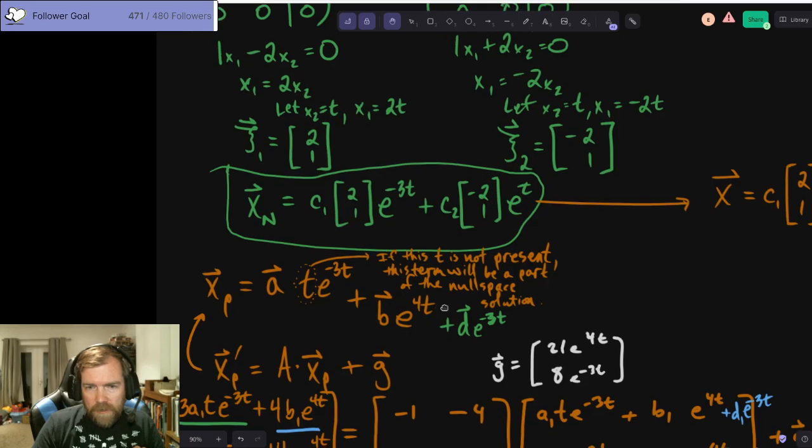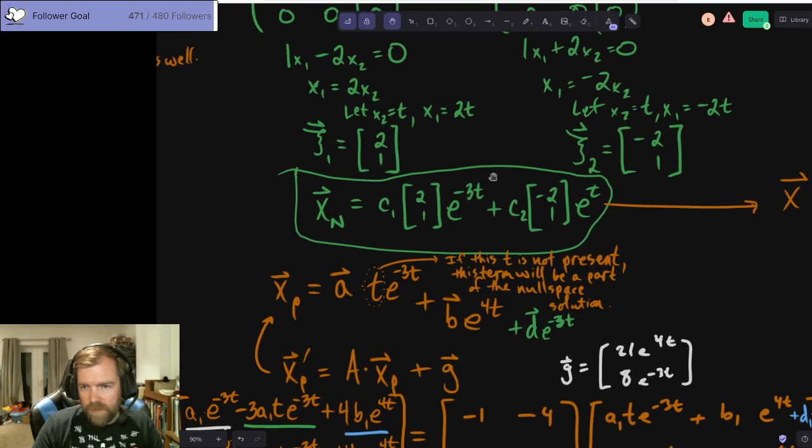So, in our null space vector we had here, we're going to use the constants as part of our eigenvectors as well. And we're going to say that our fundamental set for this is going to be 2e to the negative 3t, negative 2e to the t, and then underneath, e to the negative 3t, e to the t.